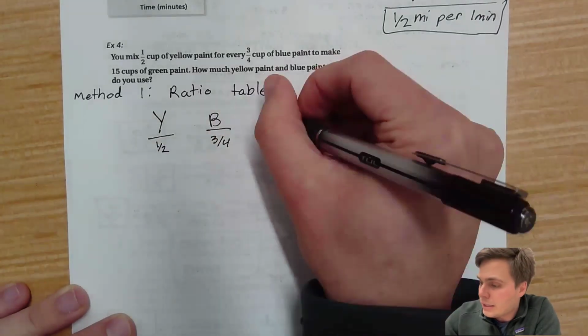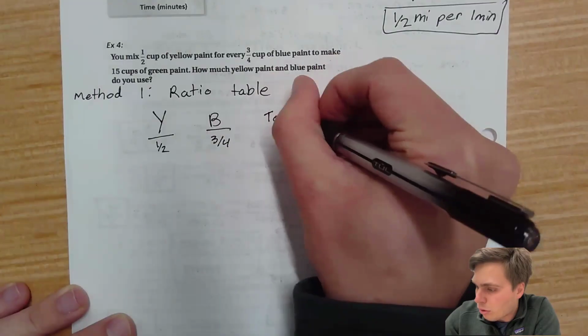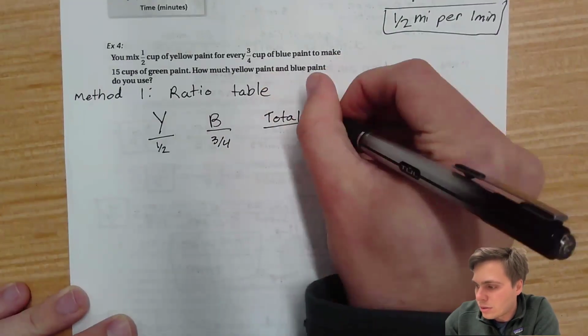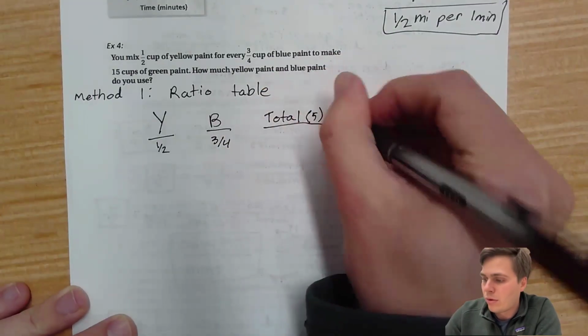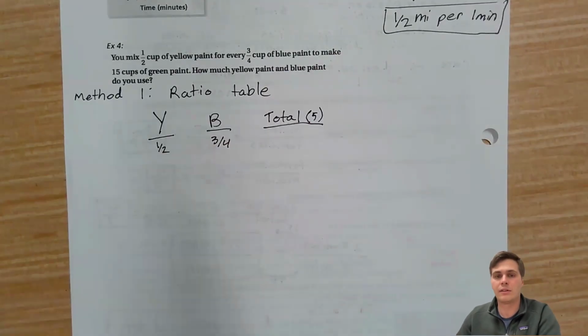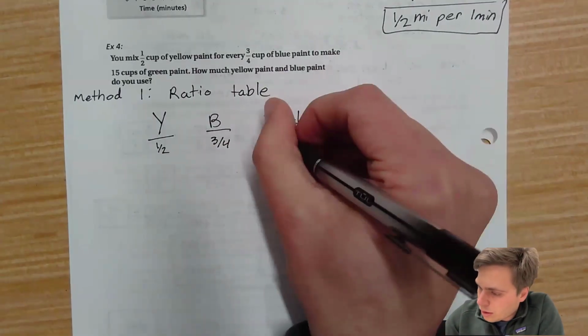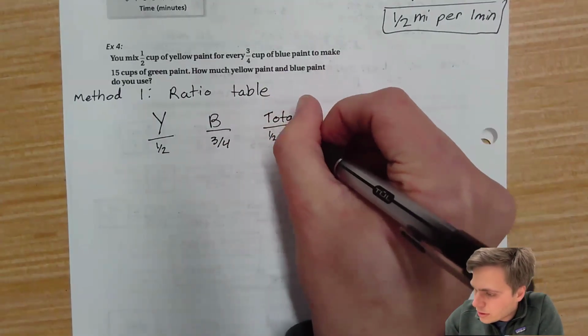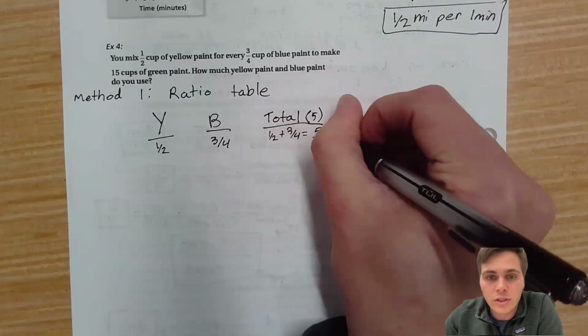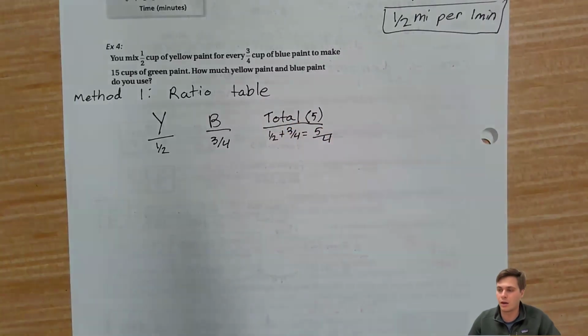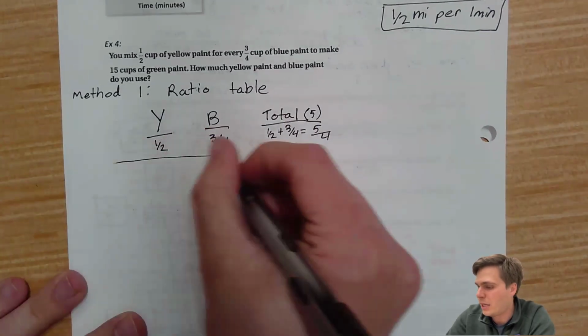All right, and that means that in total, if I did that once, I would have 1/2 plus 3/4. That gives me 5/4 cups of paint. All right, so I have a little bit of a table here.